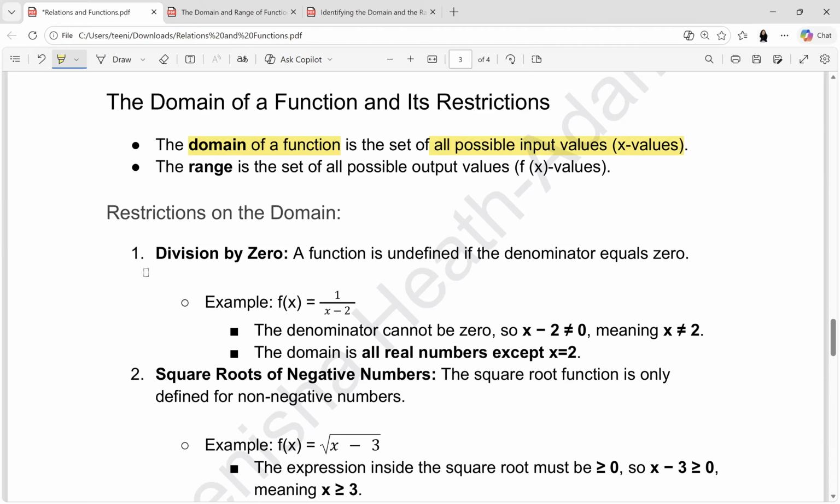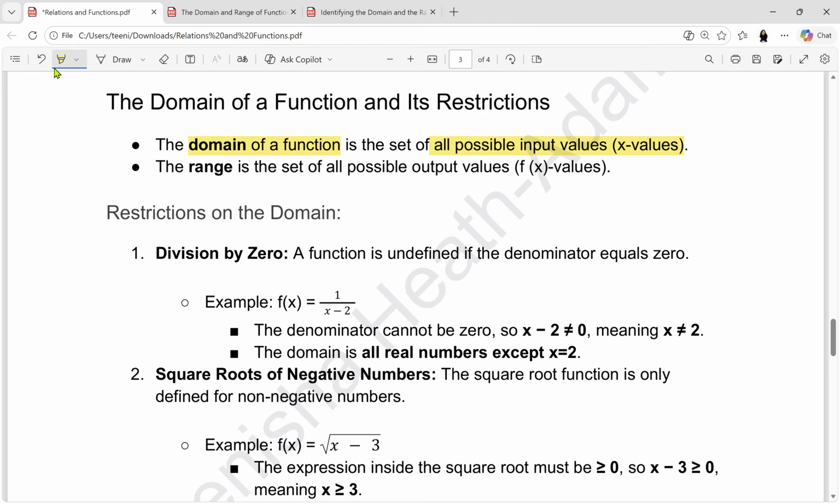So when you have to divide by 0, for example, if it's a rational function and the denominator is equal to 0, then the function is undefined at that point, right? So let's look at an example to make that make more sense.